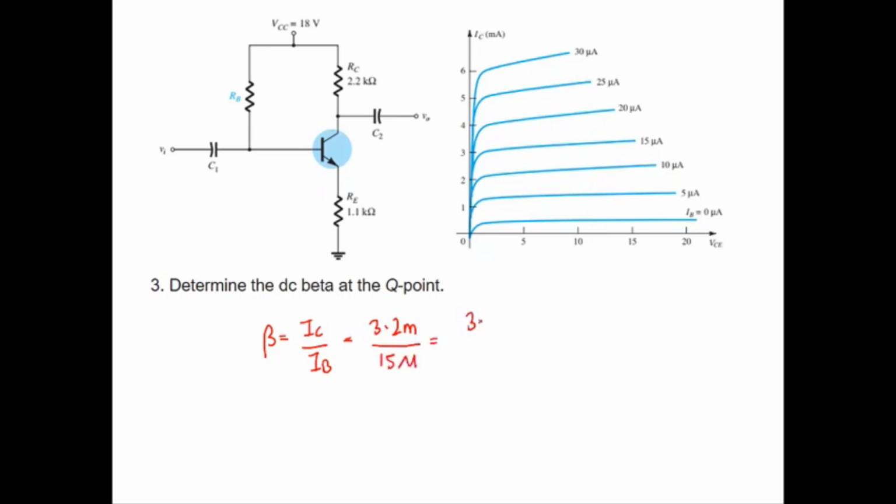So this is actually 3.2 milli over 0.015 milli. So beta is equal to 3.2 over 0.015, which is 213.3. So this is the value of the beta.